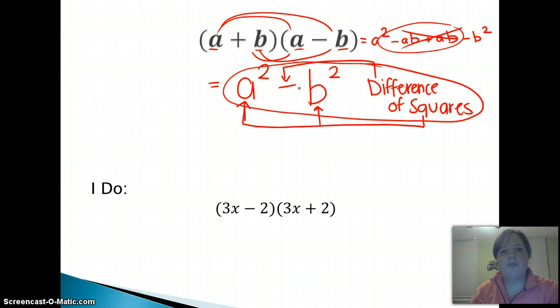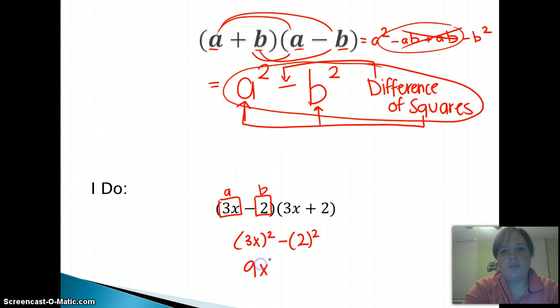Where this relationship really saves you time is if this is A and this is B, and you notice that one's plus and one's minus in your parentheses, it's A squared minus B squared. So 9x squared minus 4. Saves a little bit of the hassle in FOILing.